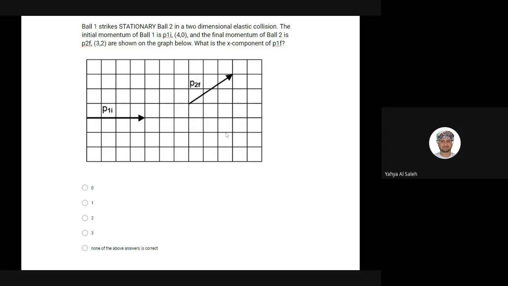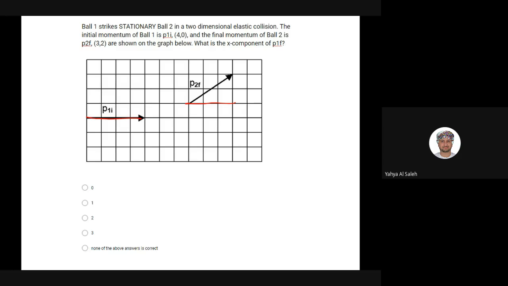Excellent. Everyone figured out 1. This is 4. This is 3, which means the difference is 1. Good job. Now, what if I asked you about the y component? What is the y component of P1f? The y component, not the magnitude of the y component. Careful.